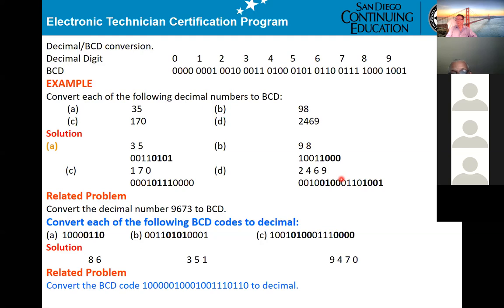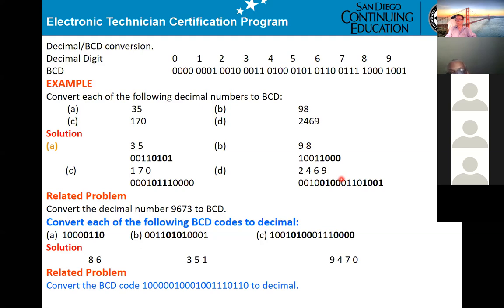For the number 9, I would do 1001, but I'm starting from right to left.